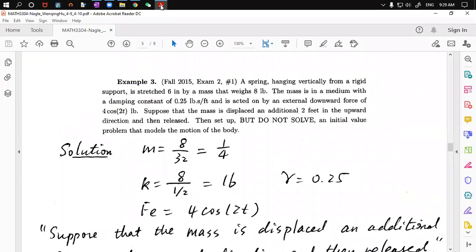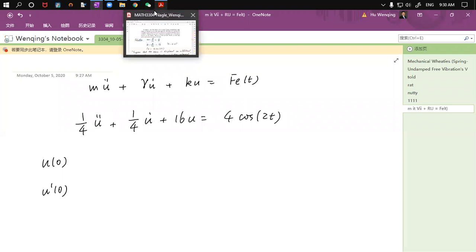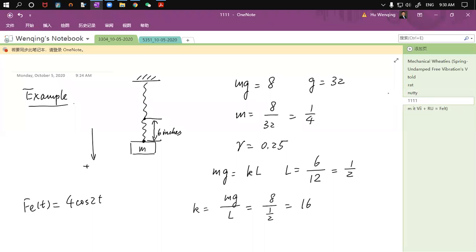So how to find the initial position? Well, the initial position means that the mass is displaced an additional 2 feet in the upward direction, then released. So according to our picture, it's going to move up a little bit. Remember, this is the equilibrium position where u is equal to 0. So it moves up a little bit, right?